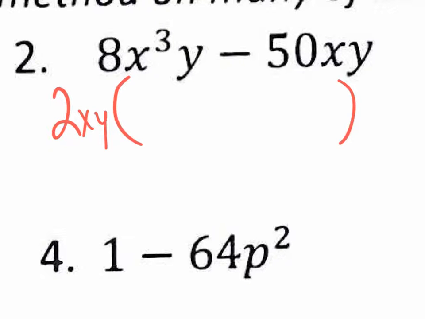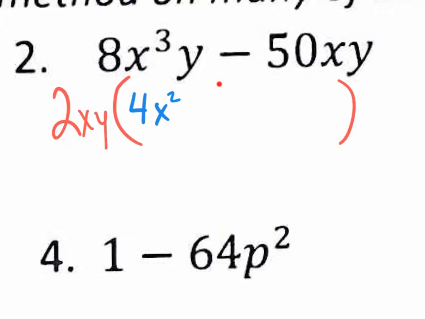That's your GCF. So 2xy times what will get you the 8x to the third y? Well, 2 times 4, that'll give you 8, and the x times x squared, that'll give you x to the third. And of course, the y times 1 will give you y, and it's pointless to put a y, so you don't need to put anything right there.